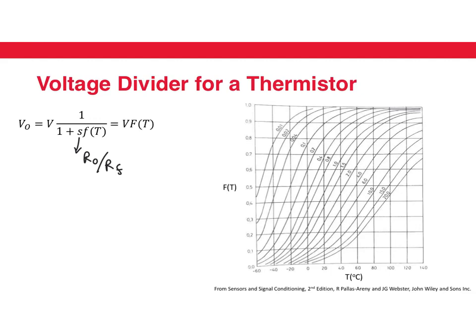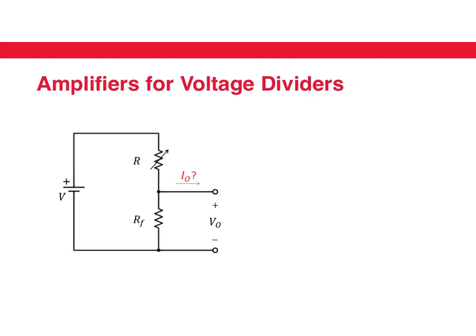Having done this, what I want to focus on next is amplifiers for voltage dividers. So here's a voltage divider, and I want you to think about an assumption that we make in this voltage divider.